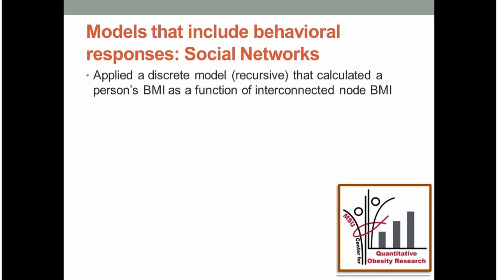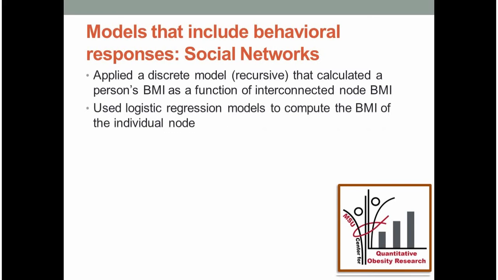The model they applied was a discrete recursive model where BMI at generation t plus 1 was a function of the person's BMI at time t and a function of their interconnections, their nearest neighbors. They looked out as far as 3 nearest neighbors, so they looked at a neighborhood of individuals that were interconnected to them.